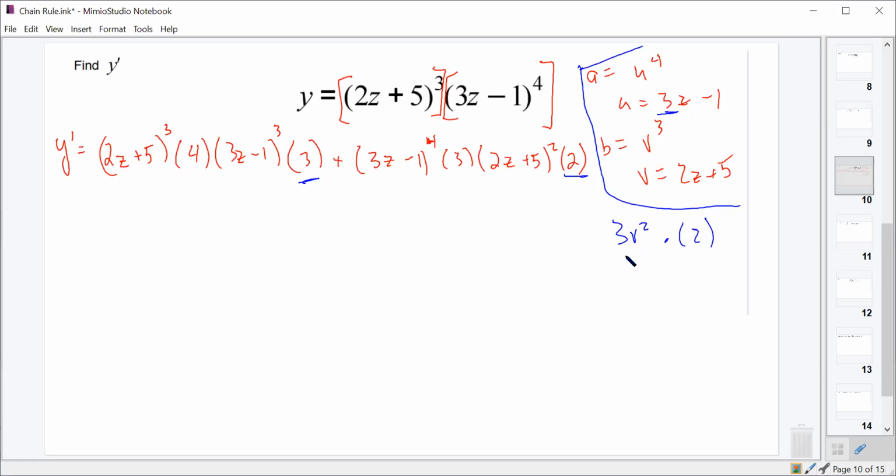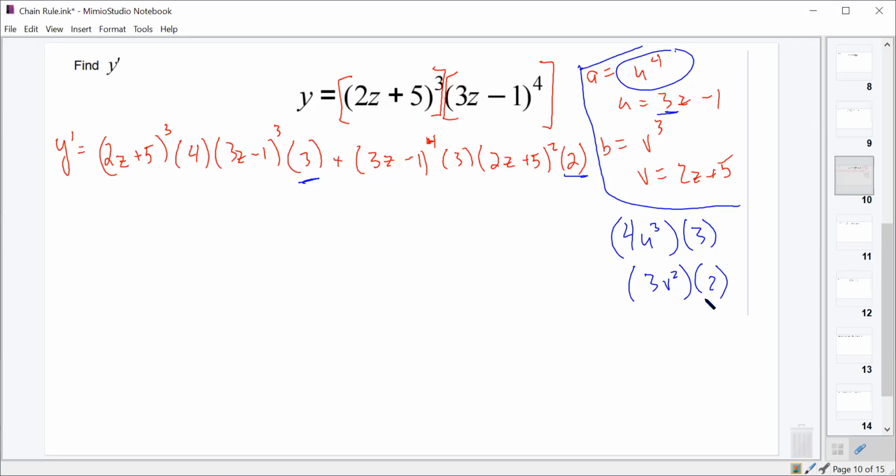Oh wait, back to the first part, how is it (3z - 1) to the power of 3 instead of 4? Well, we're taking the derivative of u to the fourth, right? So that should be 4u cubed times the 3, the du/dz, and we have 3v squared, the other one, times the derivative of the 2z + 5, times 2.